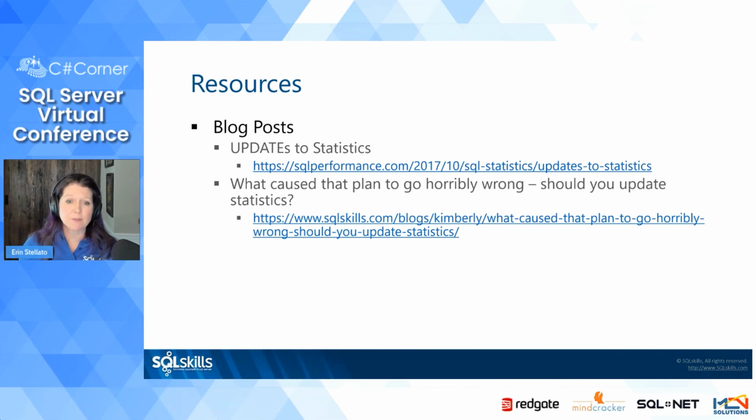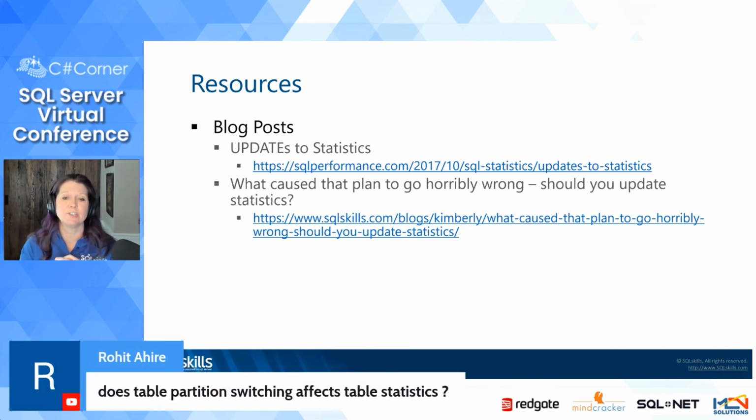And then Rohit says, does table partitioning switching affect statistics? That's a really great question. So the challenge with statistics and partitions is that by default, unless you've got incremental on, you have one statistic, one histogram for the entire partitioned table. When you enable incremental stats, you do get stats at the partition level.